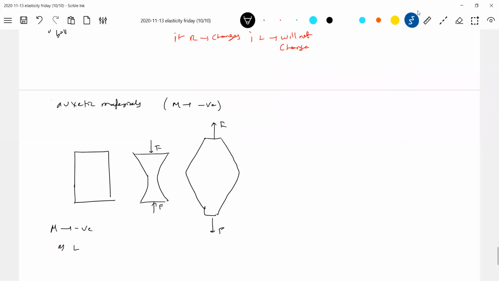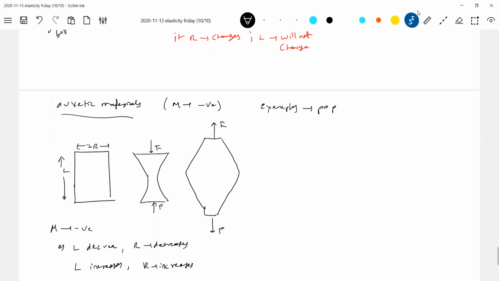As L decreases, R decreases; L increases, R increases. What is L? L is this one. This is 2R. Where do we use it? Good examples of such materials are paper or synthetic rubber used in shoes.